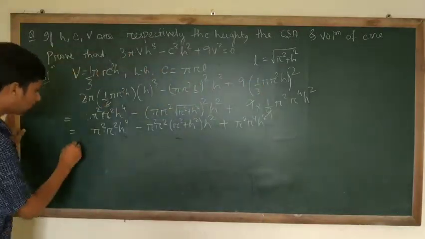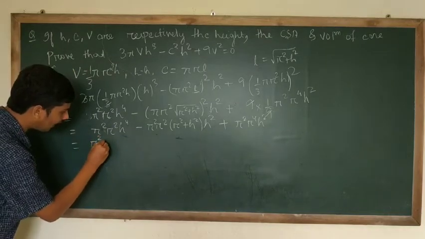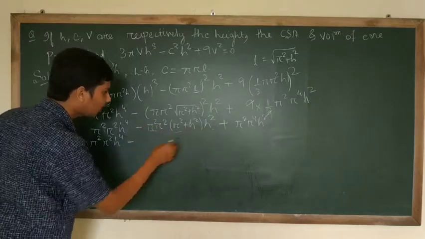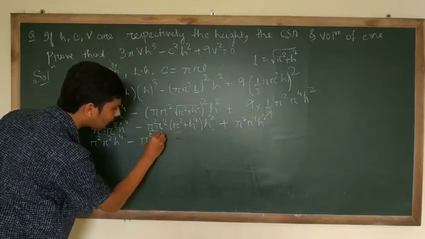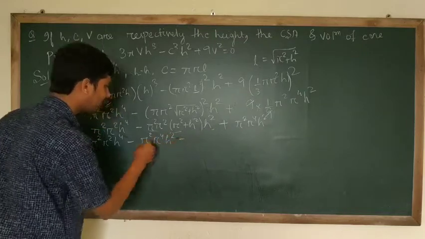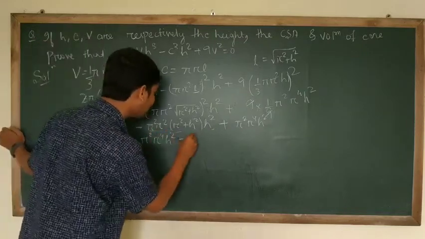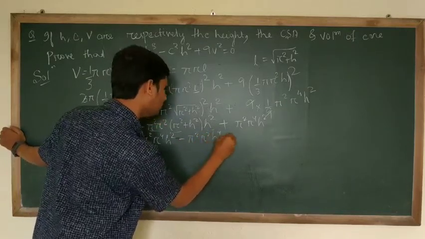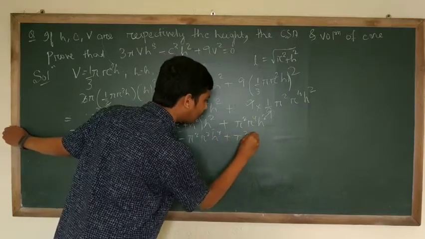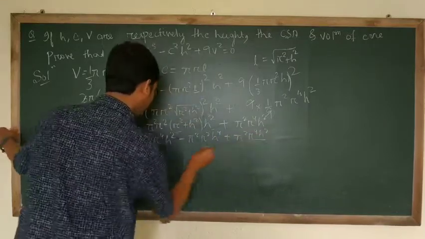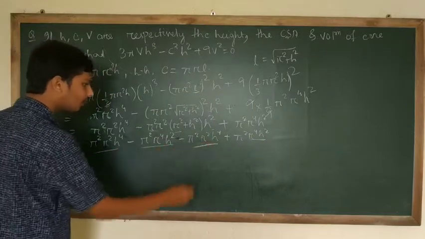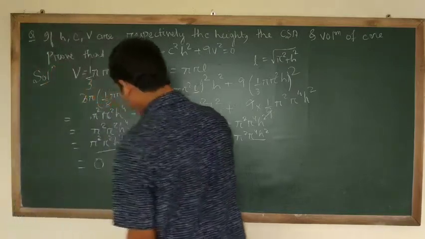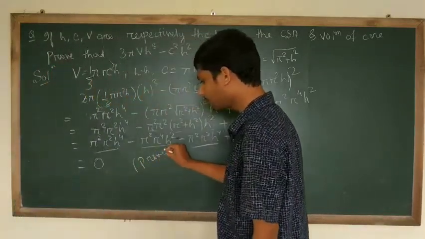Okay, so pi square r square h to the power 4 minus, multiply this, pi square r to the power 4 h square minus into plus minus pi square r square h to the power 4 plus pi square r to the power 4 h square. See, this term gets cancelled, this term gets cancelled. So we will remain with 0, which we have to prove, and this we have proved.